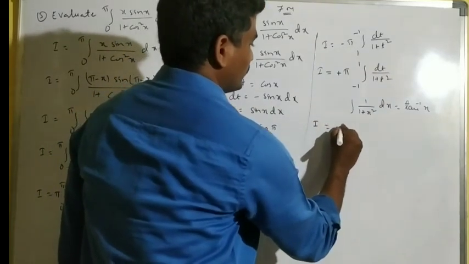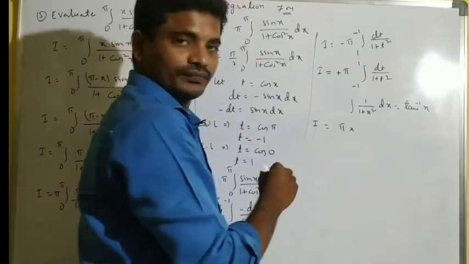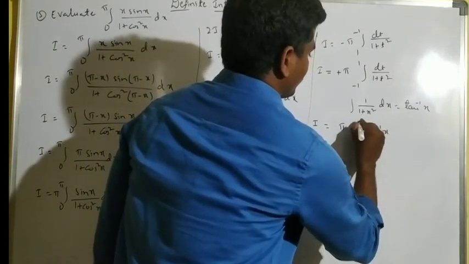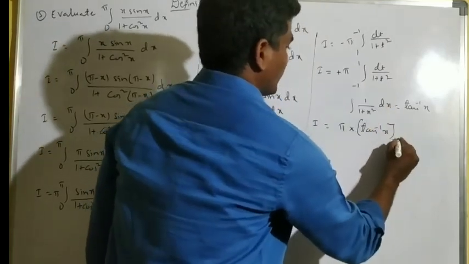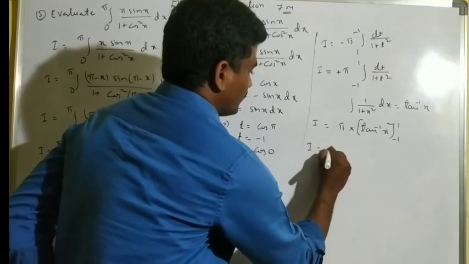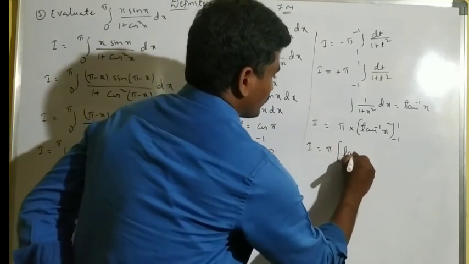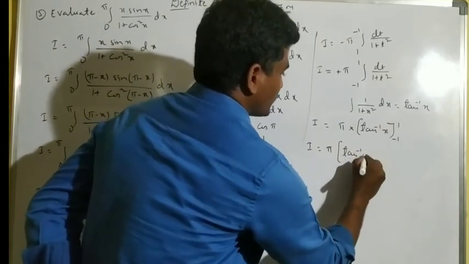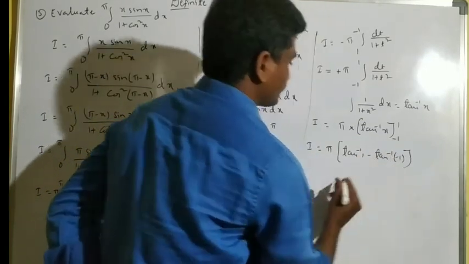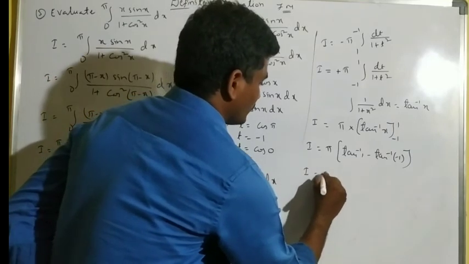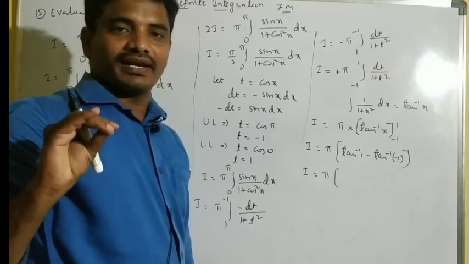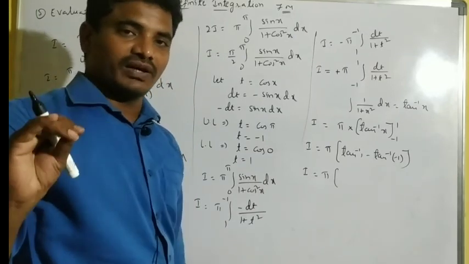I equals pi into tan inverse x, with limits minus 1 and plus 1. Those values we are going to substitute. I equals pi of tan inverse plus 1 minus tan inverse minus 1. In the tan table, at what angle do we get 1? At 45 degrees.